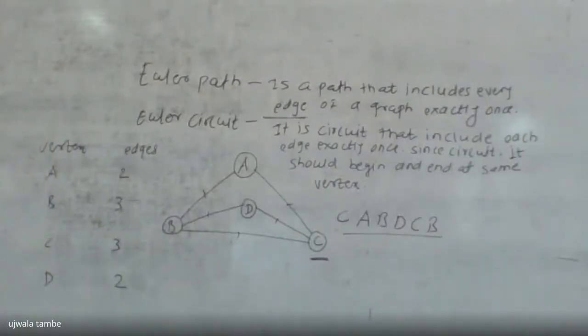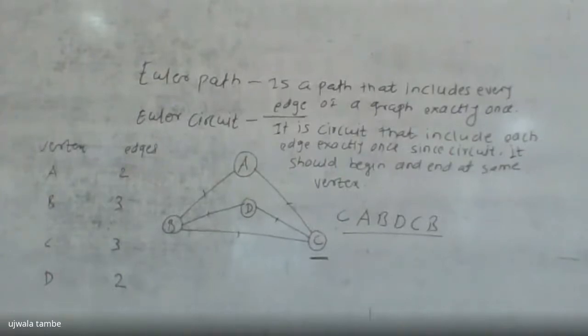Is it possible to find the Euler circuit for the given graph? Only Pooja says not possible. What about others?